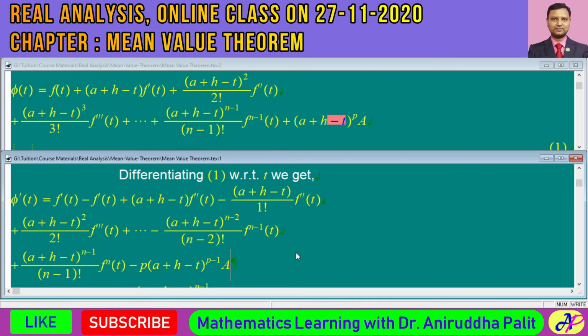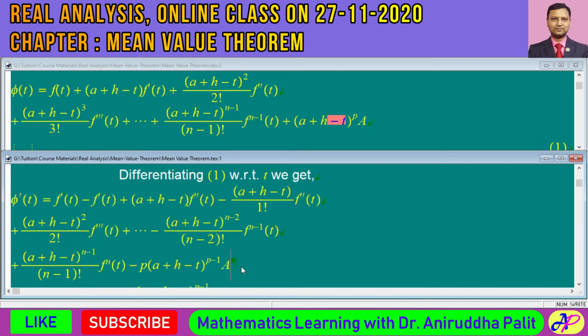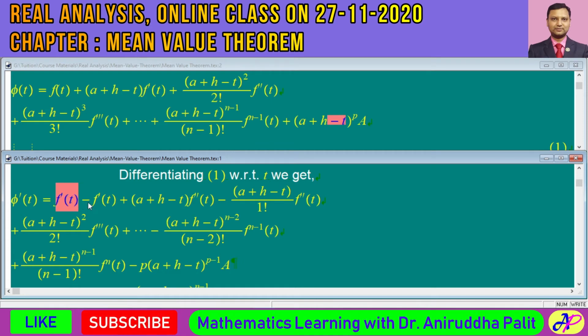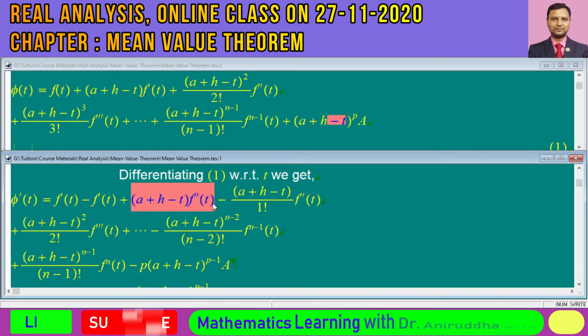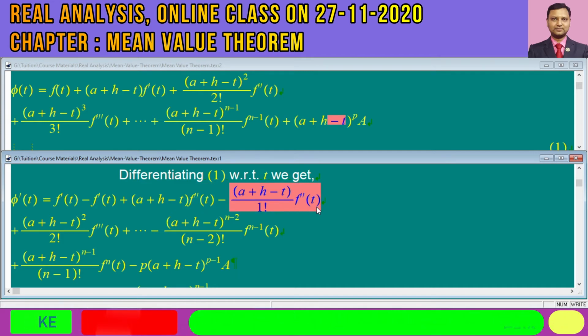So we observe that phi dash t is this expression, and in this expression it is very convenient to cancel this f dash t with this minus f dash t. Again, you see this expression will get cancelled with this expression, and we shall continue.